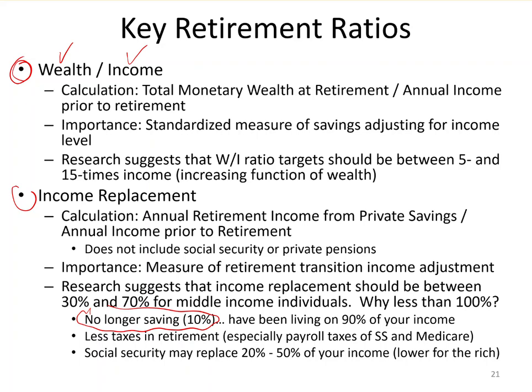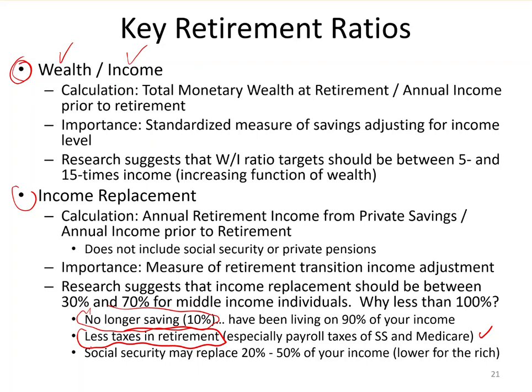Another reason you don't need to replace 100% of your income with your portfolio is that taxes are often lower in retirement. One is you have lower income and lower marginal tax rates. And the other is things like Social Security: you no longer pay Social Security tax or contributions, those payroll taxes, and Medicare.